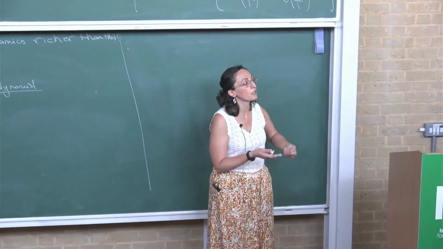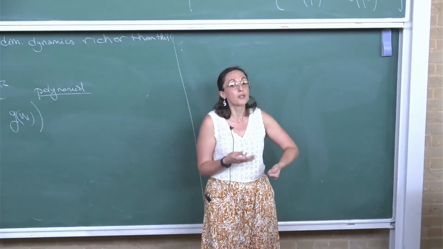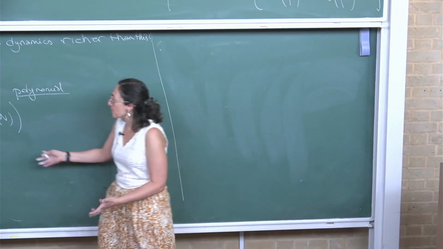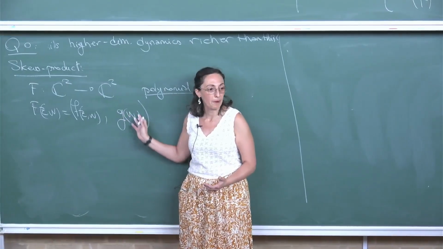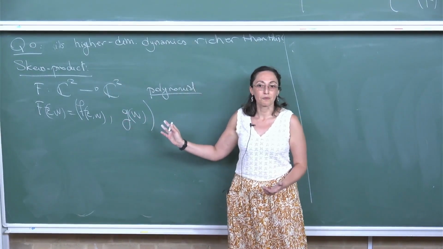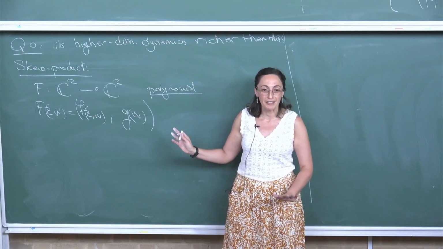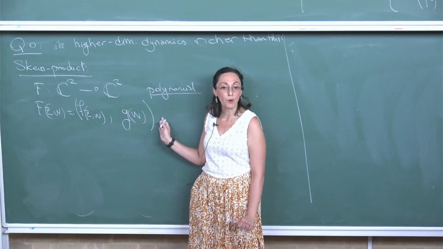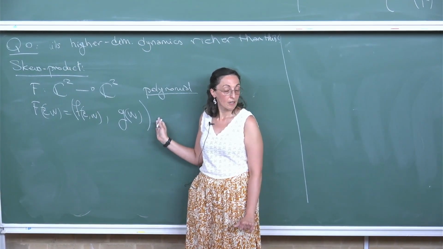So what about using skew products, which is something that you can control somehow, because you have this one-dimensional part. And instead of starting with transcendental functions, which is a little more difficult, let's try to start with polynomial skew products.